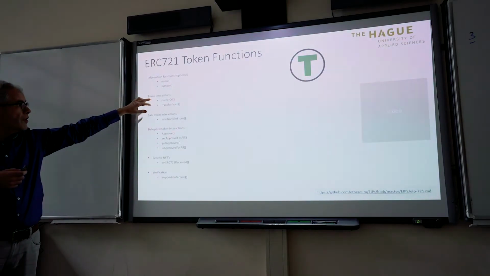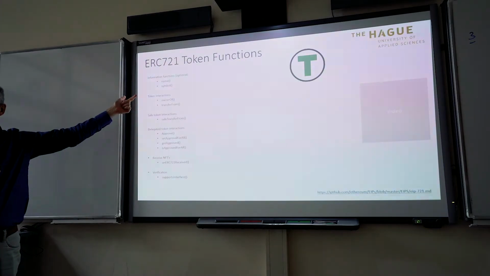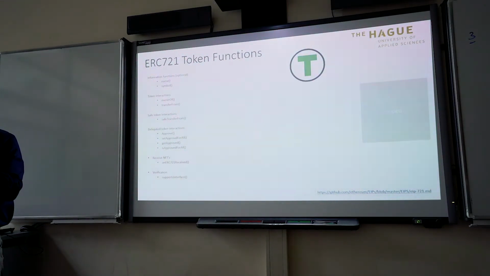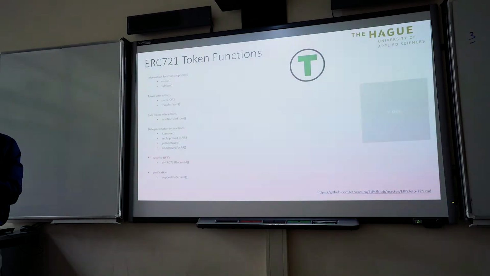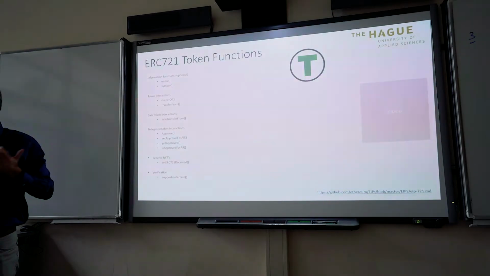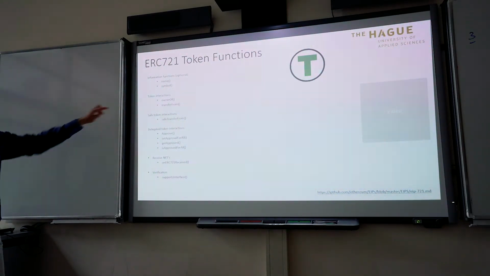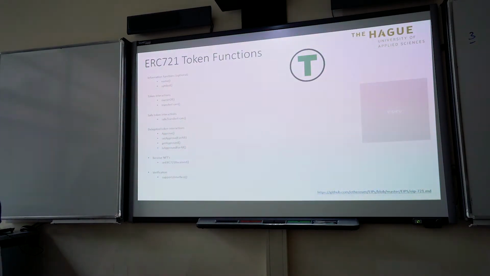We got the interactions, the transfer and the owner. You don't have a balance here because all tokens are considered individually. So you don't say I have 20 of those tokens, you have 20 separate tokens. So for each token you can double check who is the owner of the token.